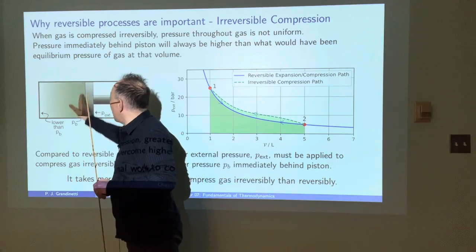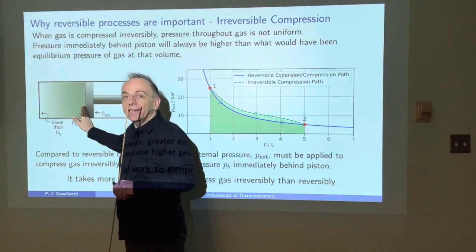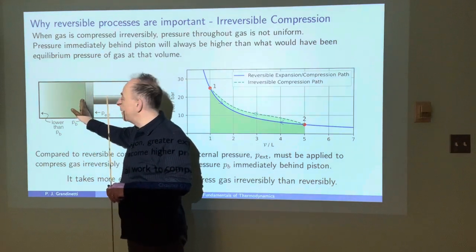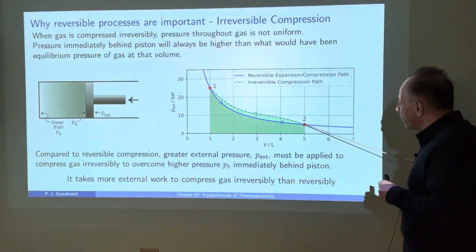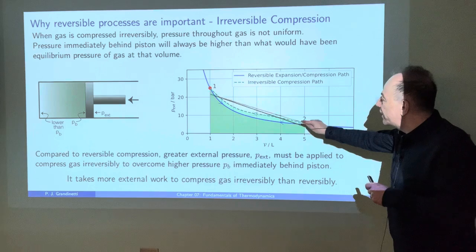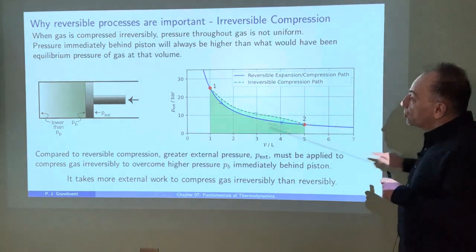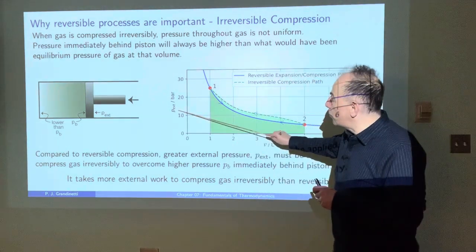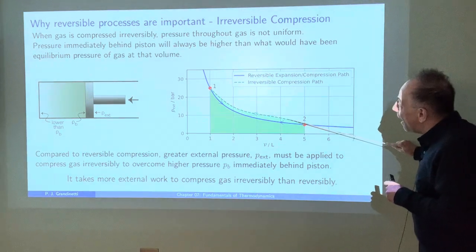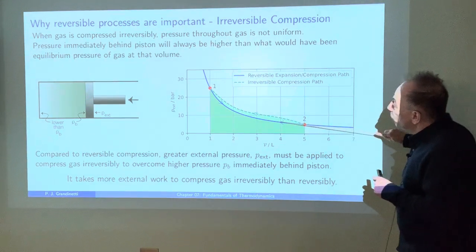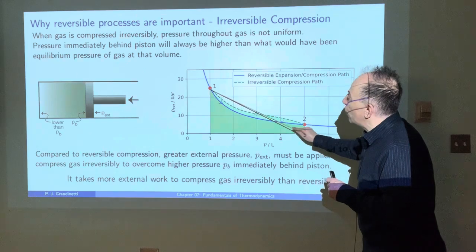So the pressure felt on this side of the piston is higher than the equilibrium pressure. So that means that if I'm doing a compression from, say, 5 liters down to 1 liter, and I plot the external pressure versus volume, the external pressure is always going to be higher than the reversible compression curve.